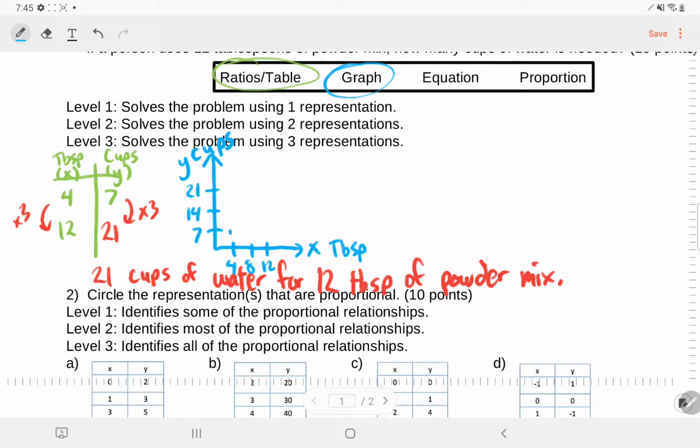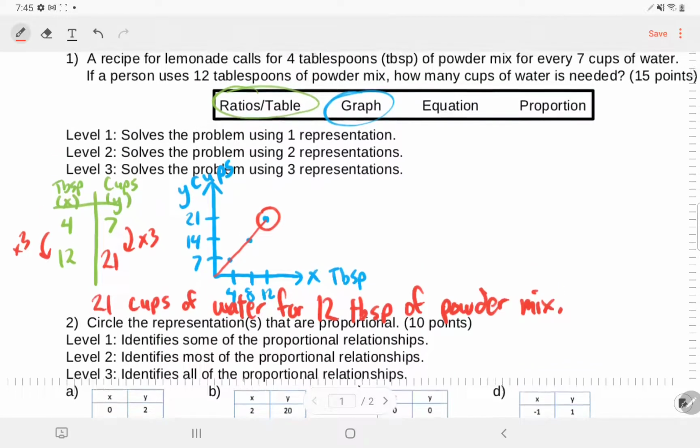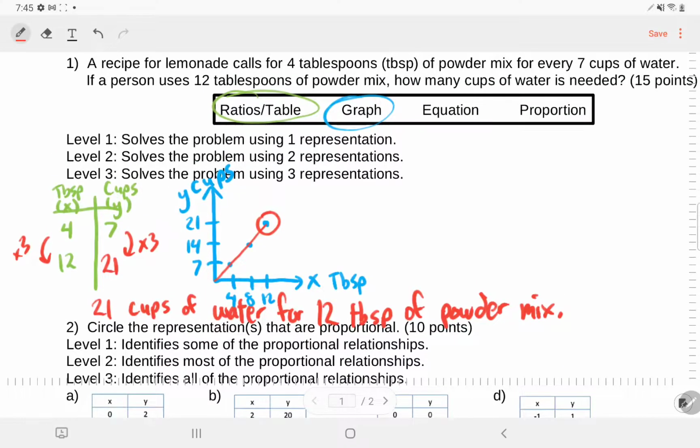We know at 4 it's at 7. If we add another 4, we'll be at 14. If we add another 4, we'll be at 21. So at 12 tablespoons of powder mix, we will have 21 cups of water.